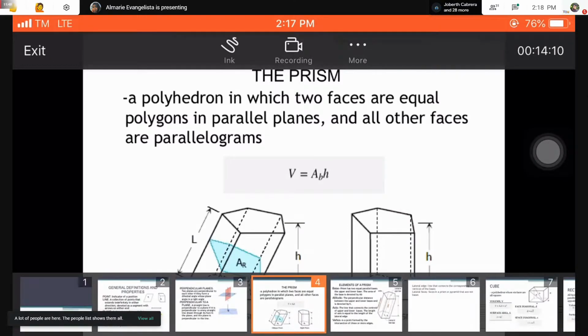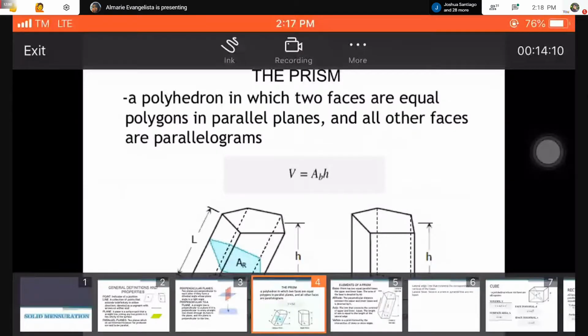So, sa prism, 3D shapes na siya. Kinokompose siya ng length, width, tsaka height. Para makabuo ng prism, need mo ng dalawang base na opposite sa isa't isa or parallel sa isa't isa. So, ang pinaka-concept lang ng volume ng prism is area ng base times height.